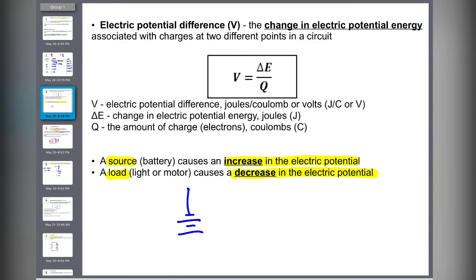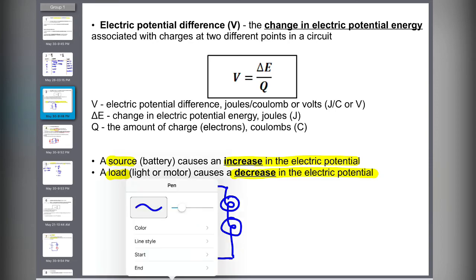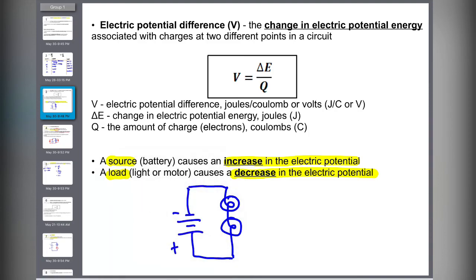Okay, so if I have a battery and, say, different loads. Hopefully you remember sources are like a battery, power supply, or AC outlet from the wall. Loads are things that use it up. So a light bulb, a motor, and the resistors are the load. What they're telling you is that every time at a battery, your voltage will increase.